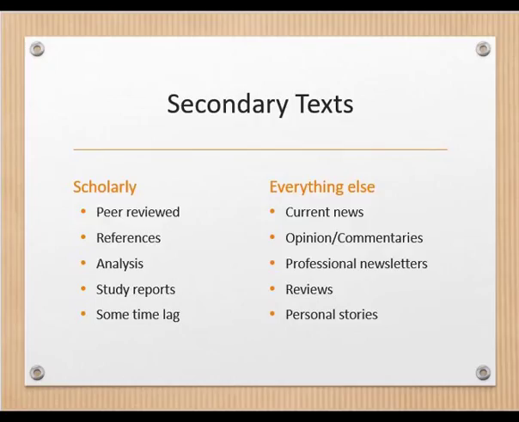As I mentioned earlier, secondary texts can be divided into scholarly and everything else. Scholarly is often called peer-reviewed because that's the process by which things get published. An author would send in their article, and the journal would send it out to 2 to 4 experts in the field and have them make a recommendation.